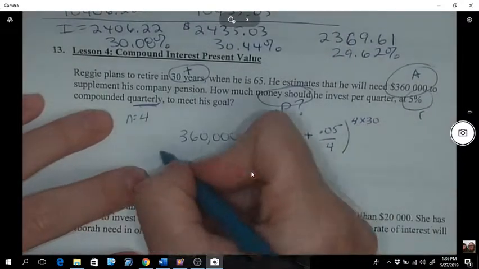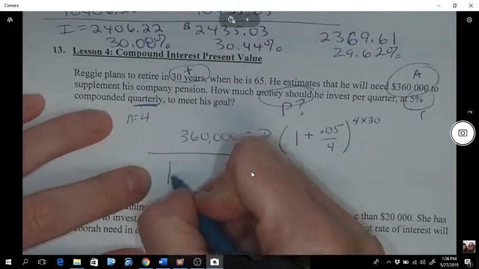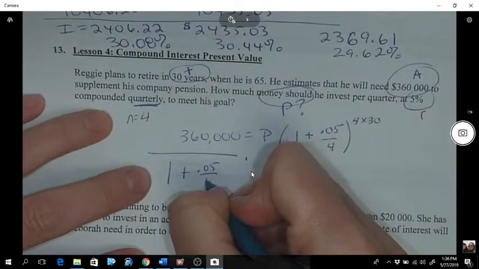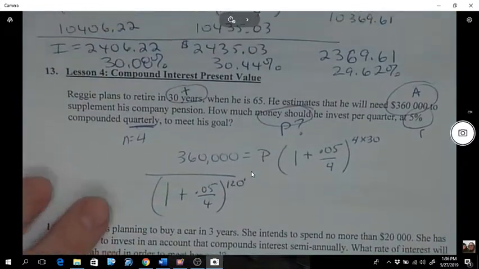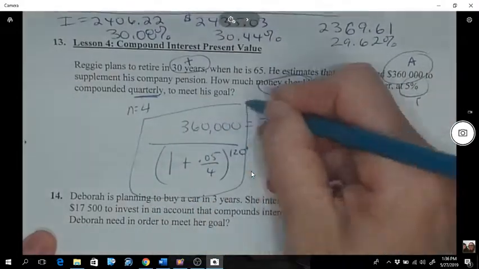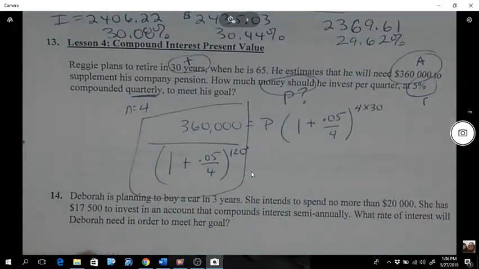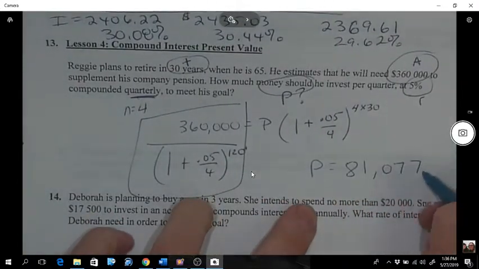So all you're going to do is divide 360,000 by this whole amount. Okay, so make sure you type that into your calculator correctly, and you end up with the principal of $81,077.19.